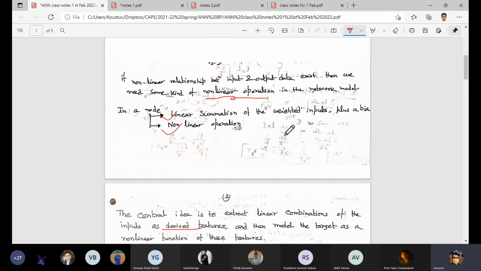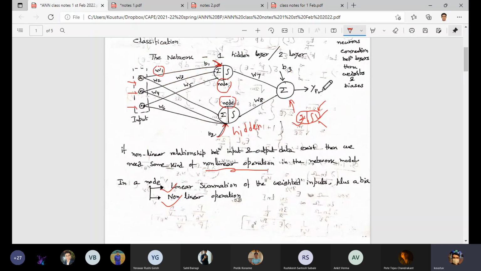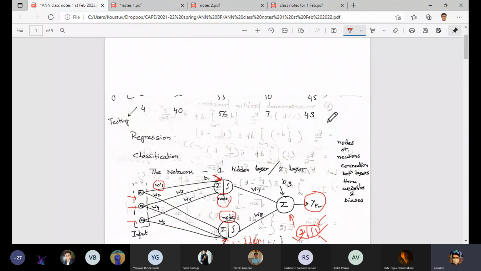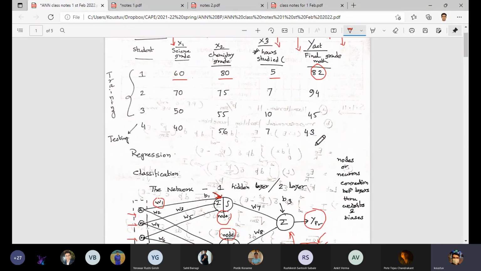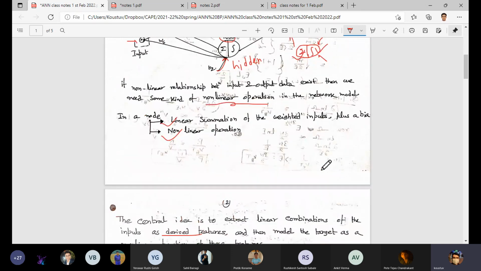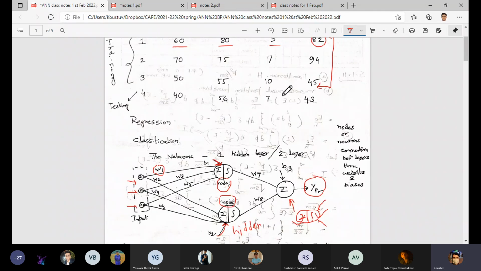Target means this output that we are trying to predict. Though we have an output available, we want to develop the model by training on the data, so we have to compare how good our model is. First we need some data set for training purposes, and then we will test, or rather validate, our model with some unknown data set, that means a data set which the model has not seen earlier during training.